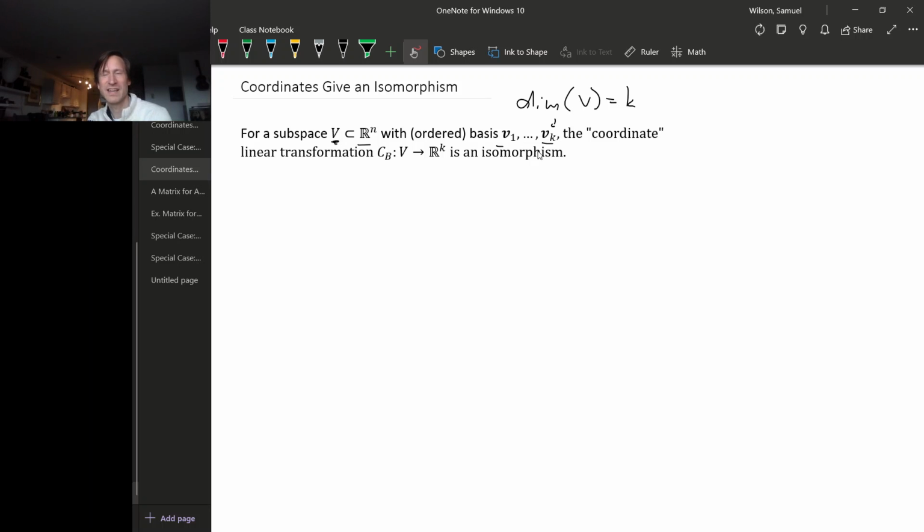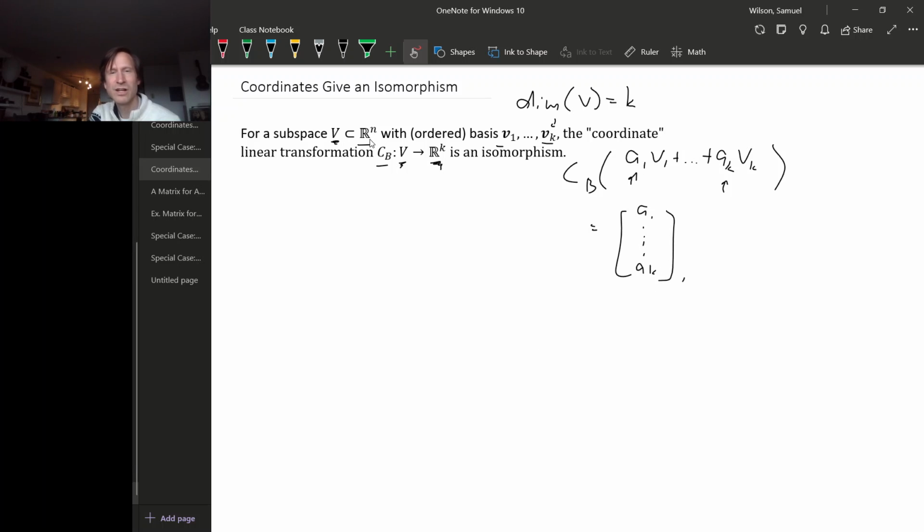Then this coordinate linear transformation goes from V to R^k, and it has to be R^k because any linear combination of these k basis vectors also has k coefficients. So the coordinate transform applied to this vector just gives us a1 through ak.